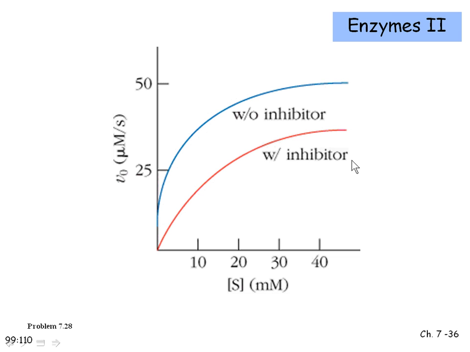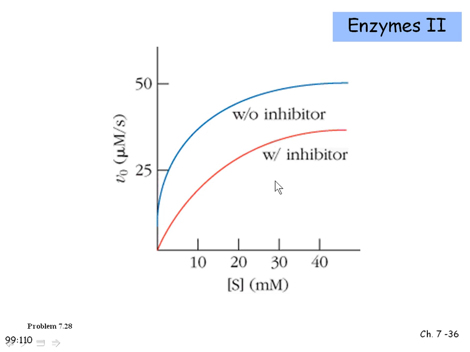It's a little hard to guess from a hyperbolic, but that's a good guess. If we accept that this is a lower Vmax, what can we say about its Km? Well, its affinity is lower, its Km is higher, right?